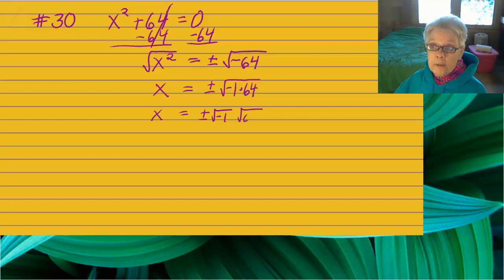We've got the square root of negative 1 times the square root of 64. And you know what the square root of negative 1 is. It's i. So you're going to have plus or minus i times 8, which of course we write as plus or minus 8i. These are complex conjugates.